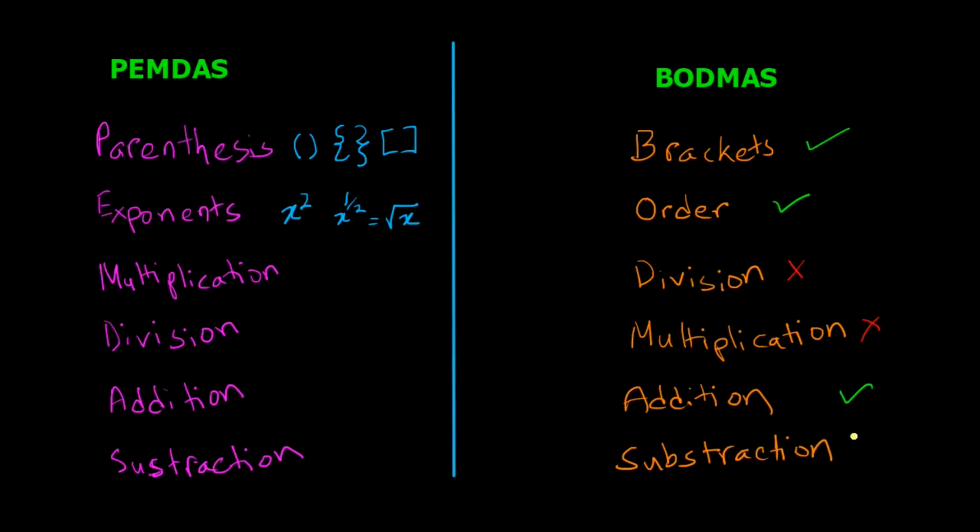These two are definitely the same. So the problem over here mainly comes down to these two parts. One is saying multiplication first, the other one is saying division first.